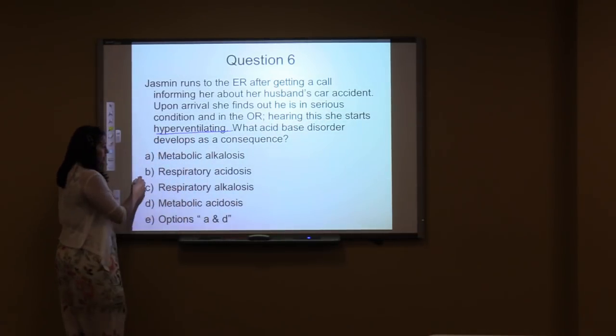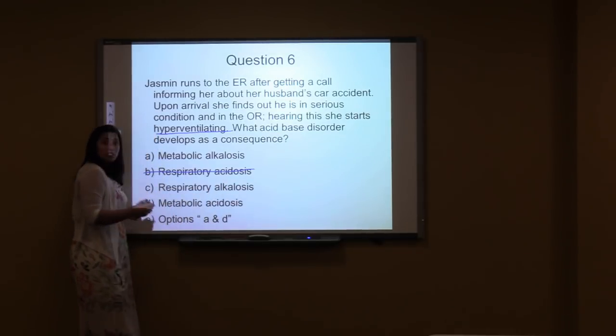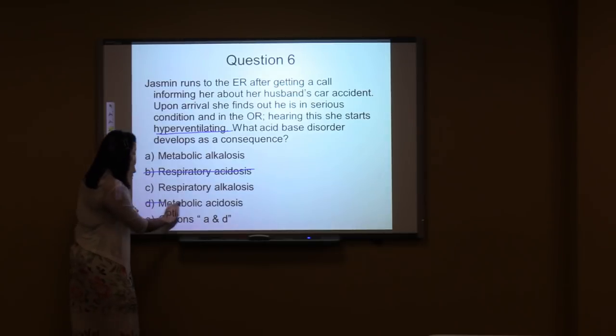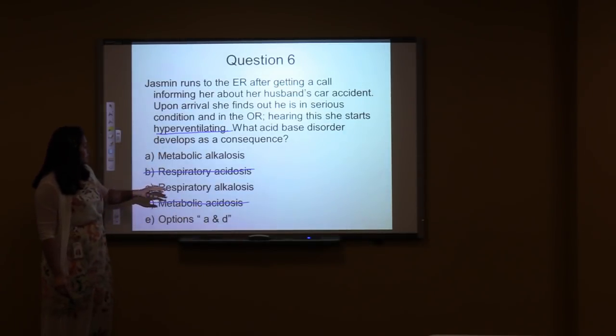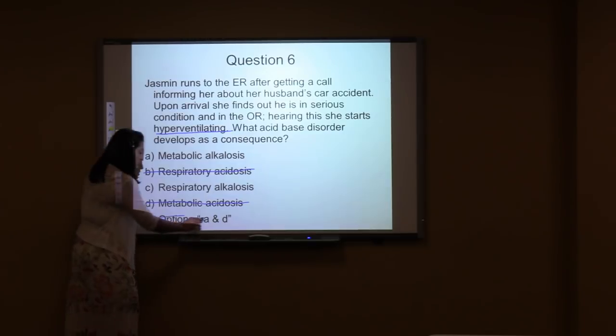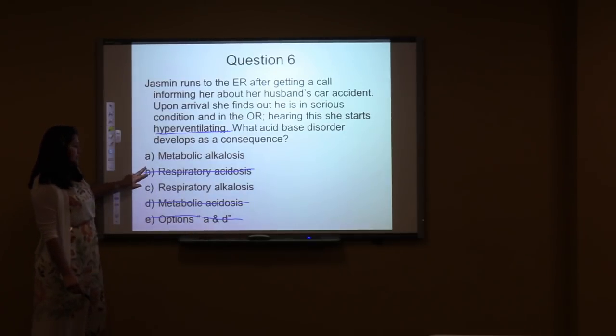So you can get rid of respiratory acidosis because you're in alkalosis right now. So now you're stuck between metabolic alkalosis and respiratory alkalosis. It again cannot be A and D, or option E, because you got rid of D already. So you're stuck between A and C.